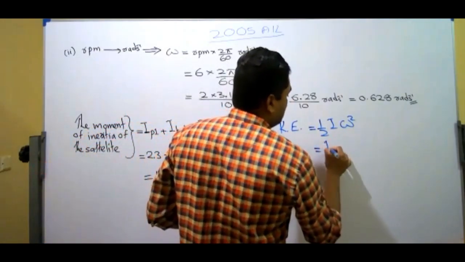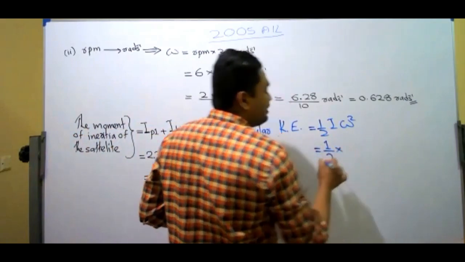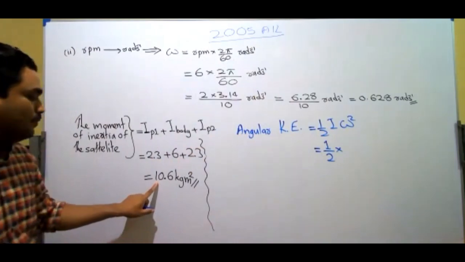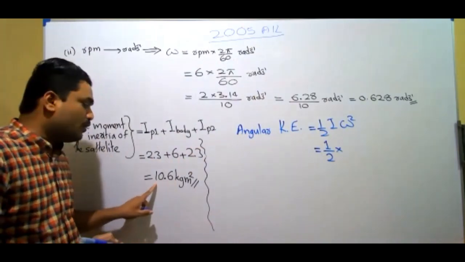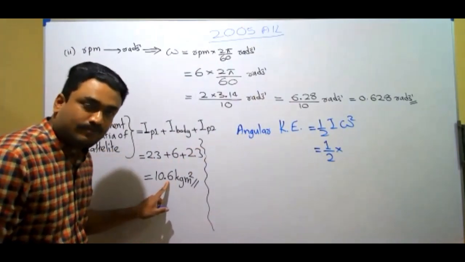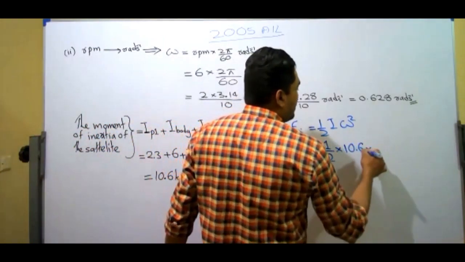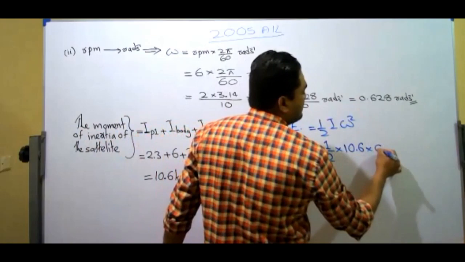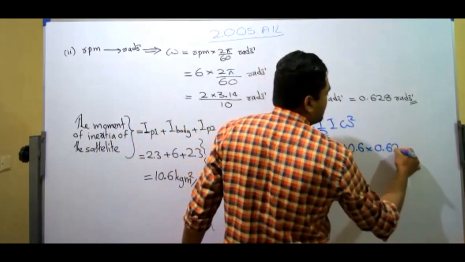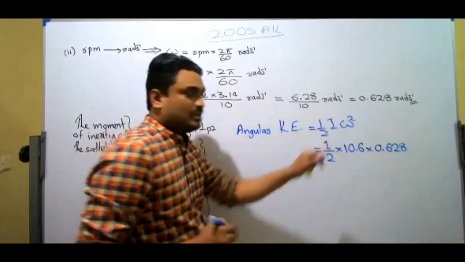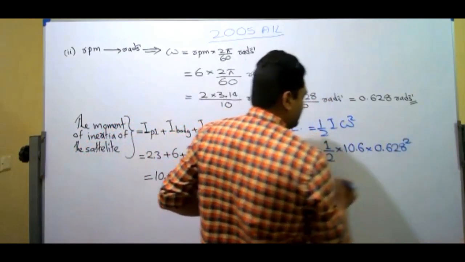So this is half, moment of inertia of the satellite. We found it. You see, moment of inertia of the satellite was found as 10.6, into omega squared. We found omega as 0.628, so we should get the square of this.